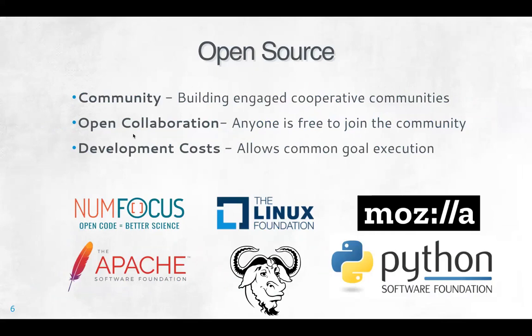The other thing that we really find is that open source allows this common goal execution. There are quite a few examples, as seen below. Everything from Apache to the Linux Software Foundation relies on open source and this common goal, where everyone from open source developers to commercial entities often contribute to every single one of these very large programs that we have shown.